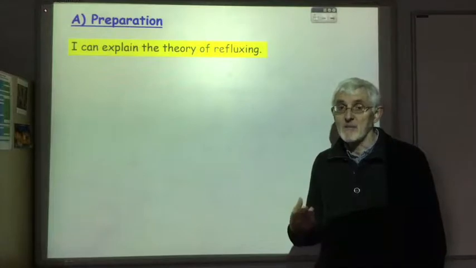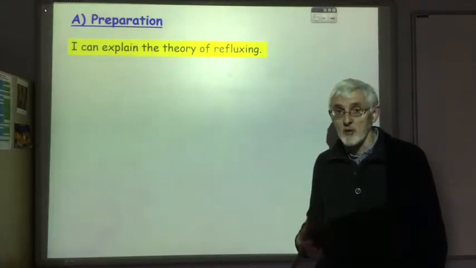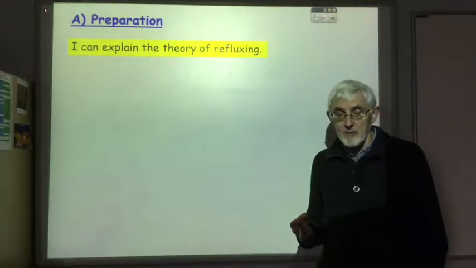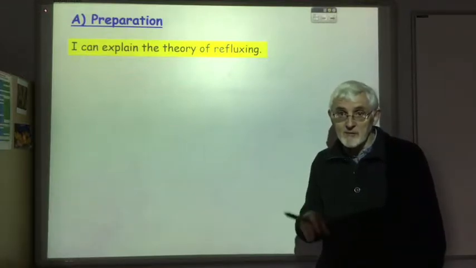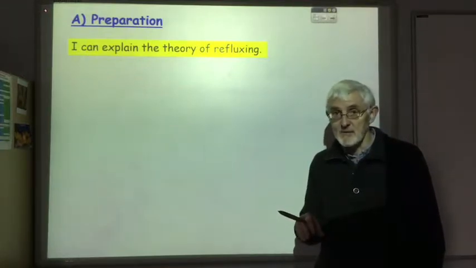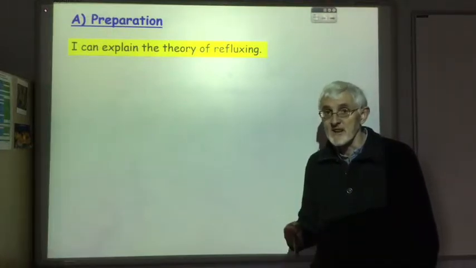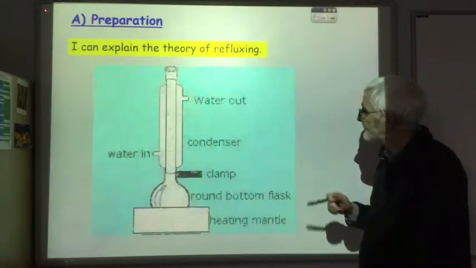So if you have to heat them up, you tend to get a very low percentage yield because you lose your reactants or products by evaporative losses. Now, one way around this is to do it in a sealed vessel so the gases can't escape, but in that case you're likely to get an explosion. So the way around it is to reflux the sample.